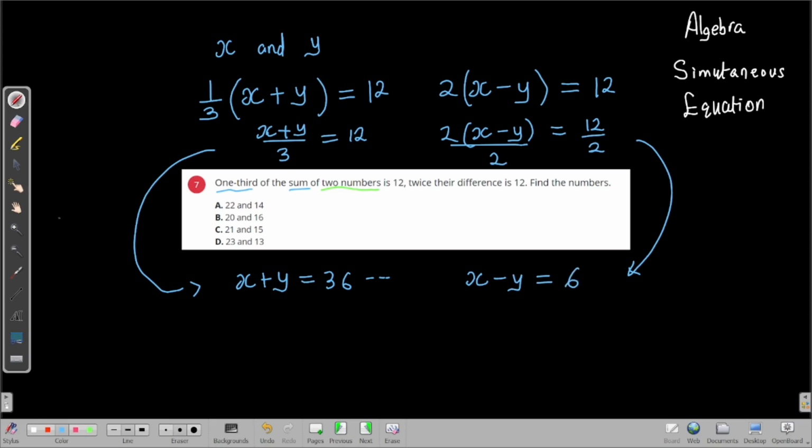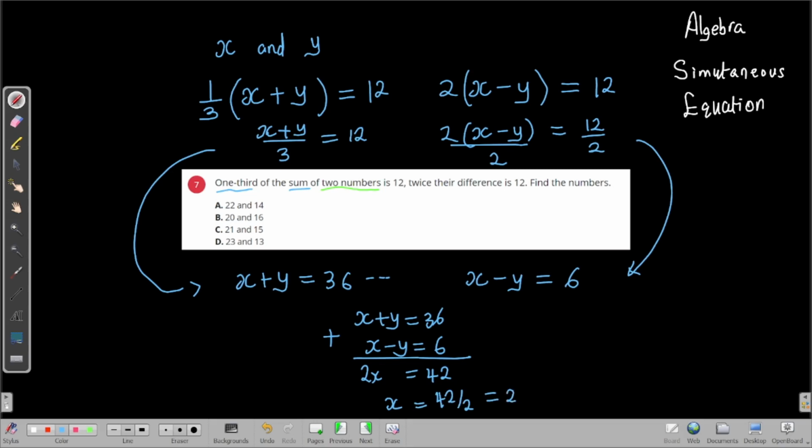For the first, if I cross multiply, x plus y is equal to 3 times 12, which is 36. So this is my equation 1, and x minus y is equal to 6 is equation 2. Let's solve this simultaneously using the elimination method. I'll eliminate y. 2x is equal to 42, x is equal to 42 over 2, and that's 21.